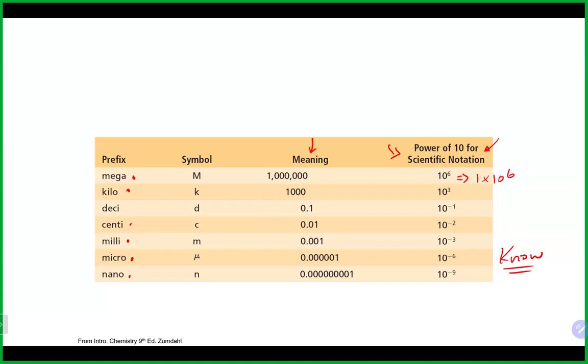But how this works is this. Let's take centi here. When we look at centi, it says 10 to the minus 2, which is basically 1 times 10 to the minus 2. What that means is in one of the prefix units, that's how much there is in the base unit.